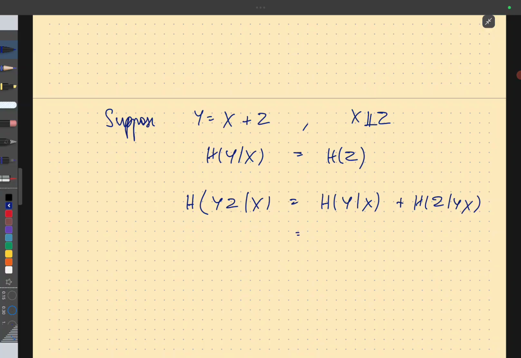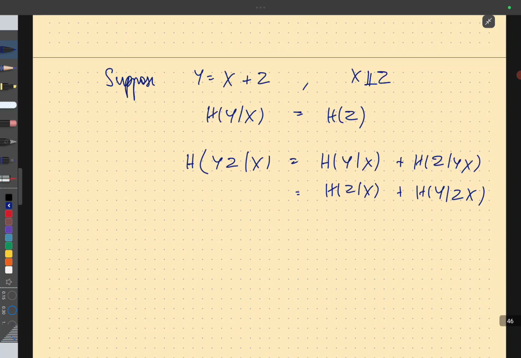and it's also equal to h of z given x plus h of y given z and x. Is this okay? Nothing complicated. What can you say about h of z given y, x? It's 0 because if I give you y and x, then you know that z is equal to y minus x.